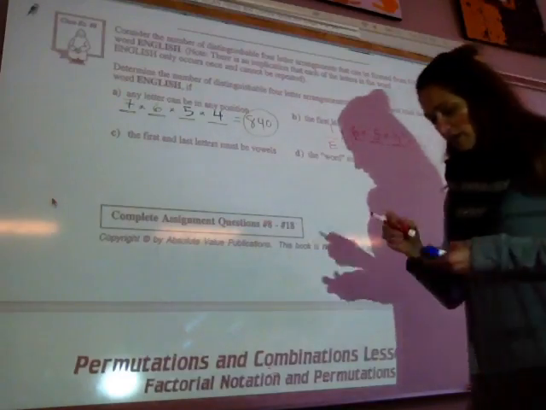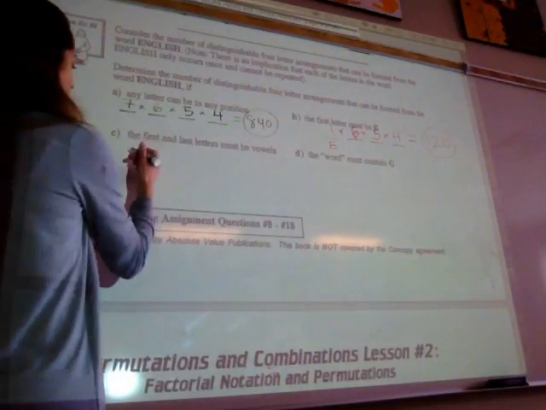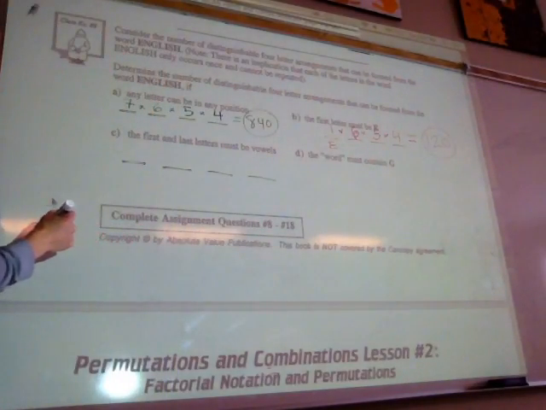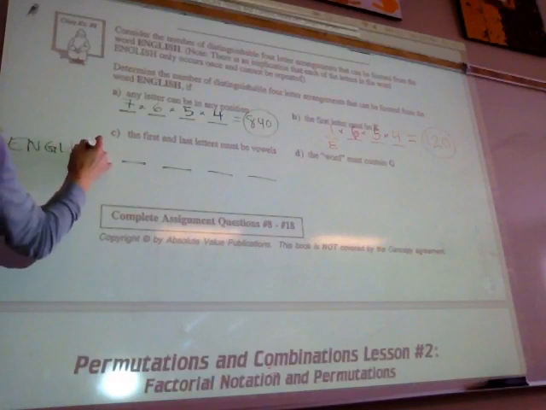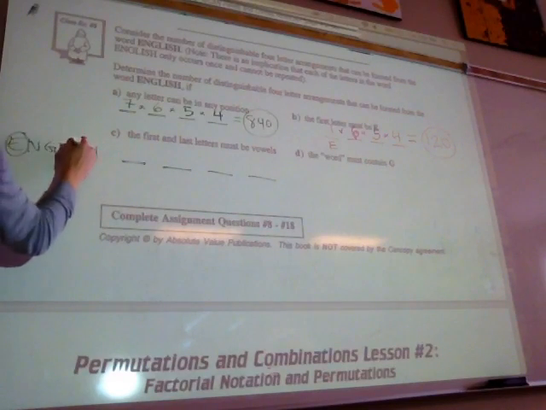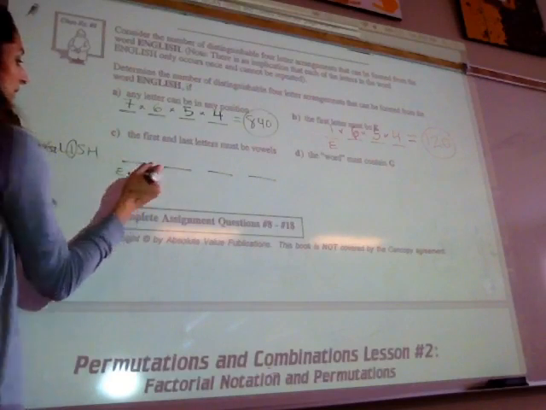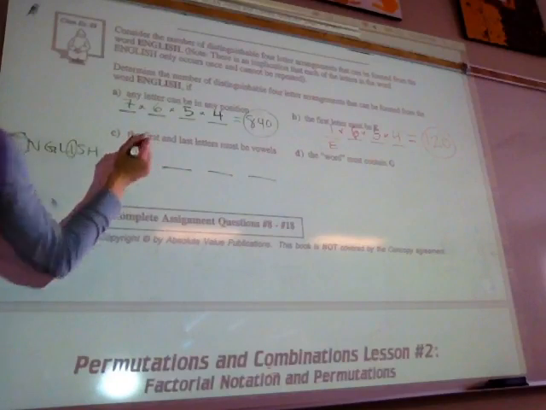All right, next one. First and last letters must be vowels. So if we take a look at the word English, we have vowels E and I. So the first digit will be E or I. So that means I have 2 choices.